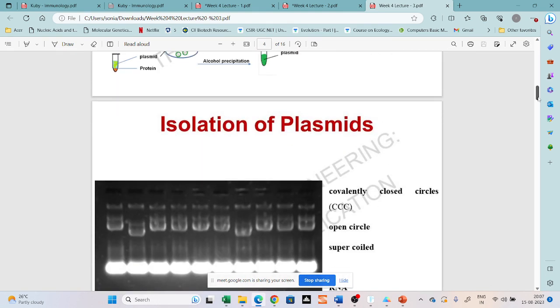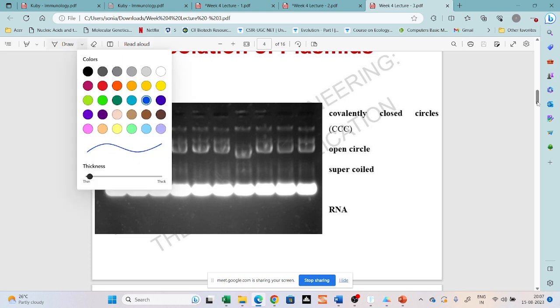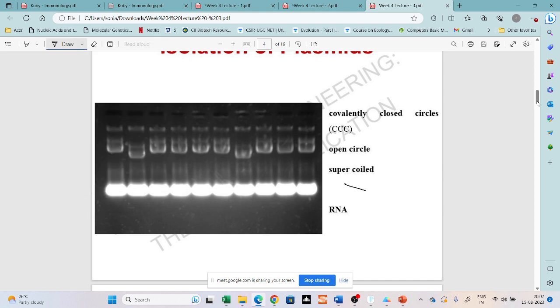So isolation of plasmids. What it means is that whenever you are isolating a plasmid, and you run it across a gel, it will give you three bands. The first one in the order of elution is supercoiled, then open circle, and then covalently closed circle.